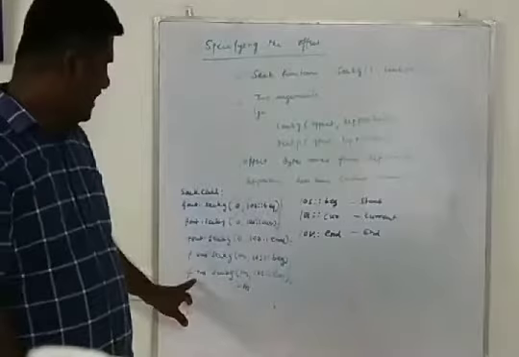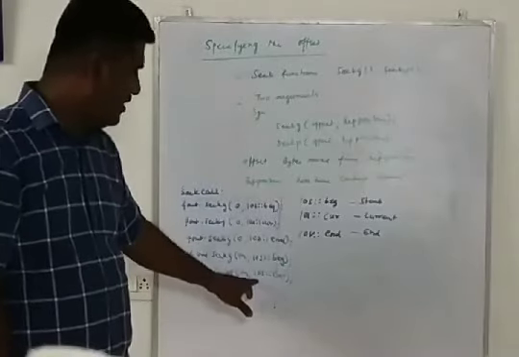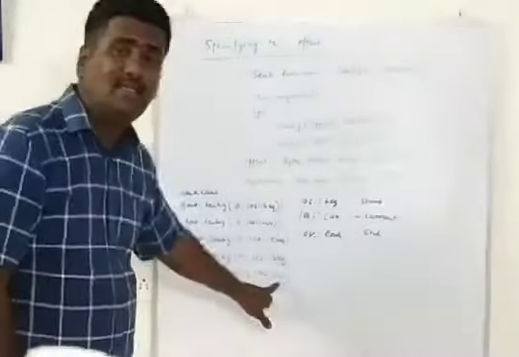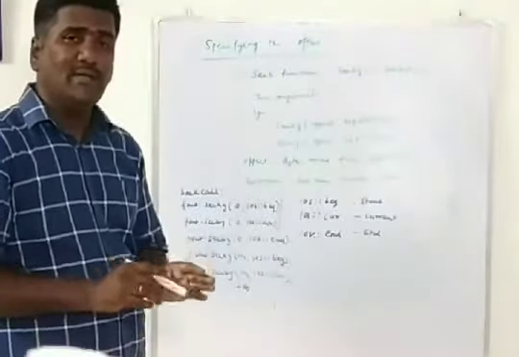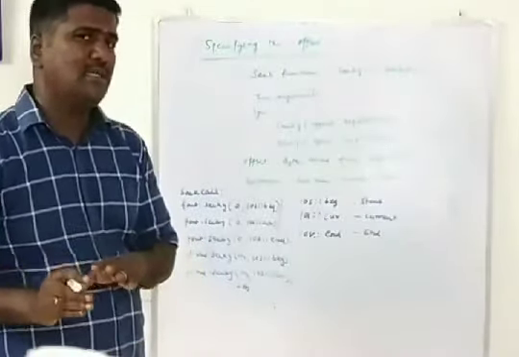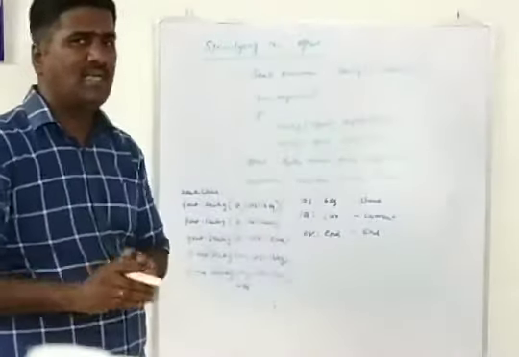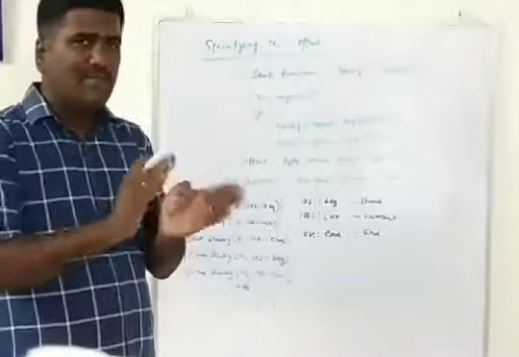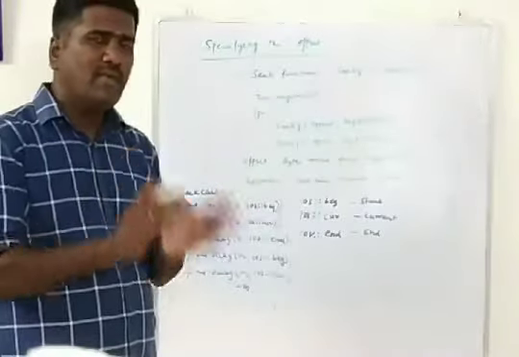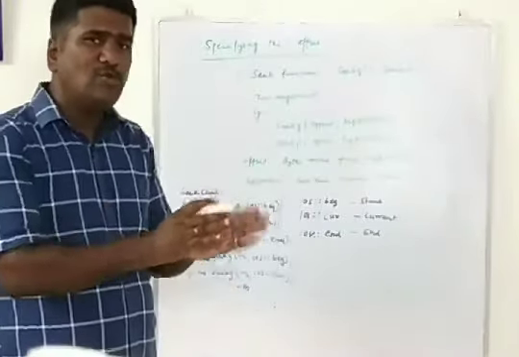Next, fout.seekg(M, ios::cur). Now M is 10, and the current position is 10. So if you move from the current position 10 by another 10, it is 20.